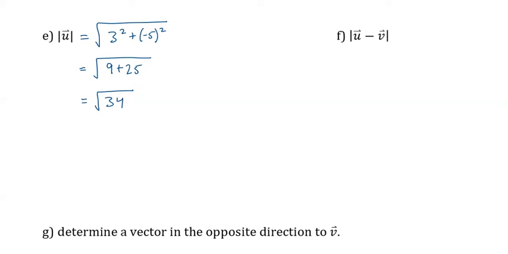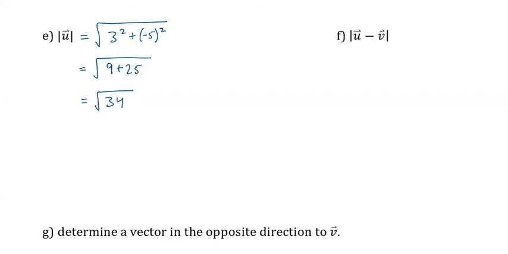Yeah, so when I find u minus v, that's going to give me a new vector. Then go ahead and find the magnitude of that vector. So I'm going to actually do this in 2 steps. You could do it all together. But what is u minus v? Well, it's 3, negative 5 minus negative 2, 4. 3 minus negative 2 is 5.